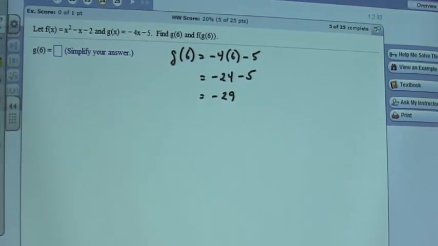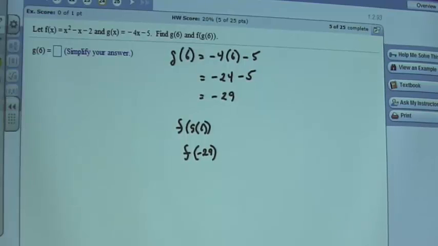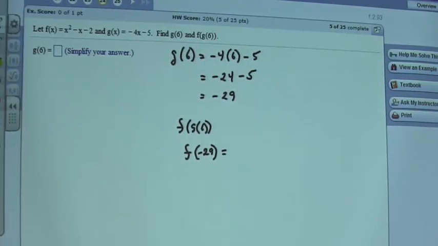Well, now we can look at f at g at 6, because we know what g at 6 is. It's negative 29. So that's f at negative 29. Well, what is that? Going to the f function, that's negative 29 squared minus negative 29.